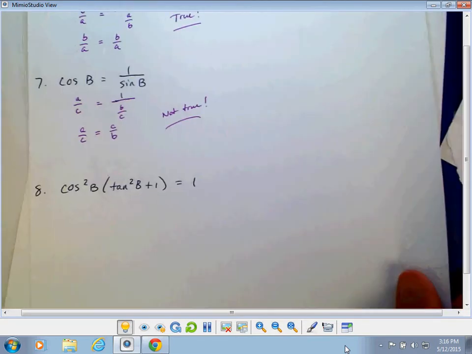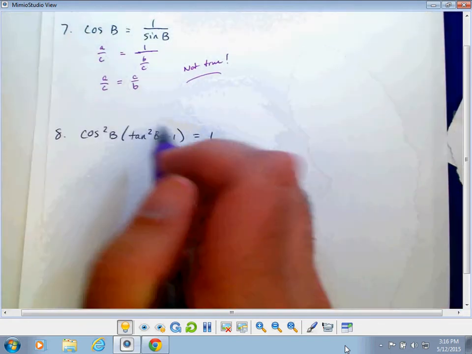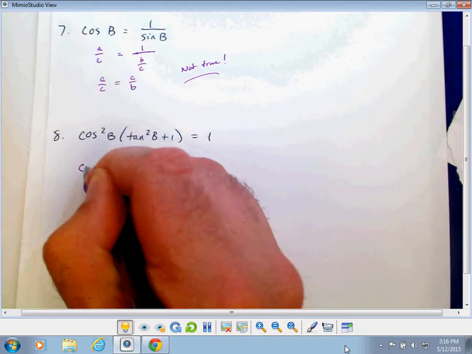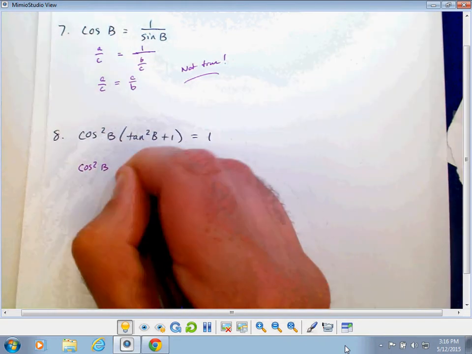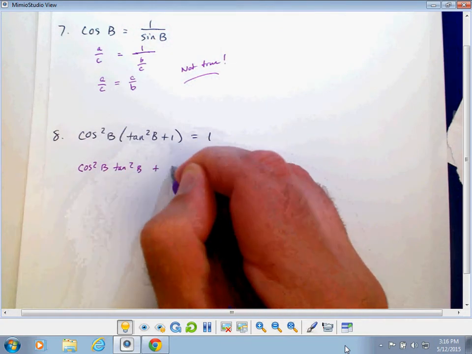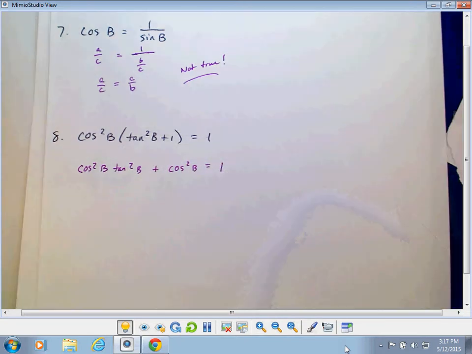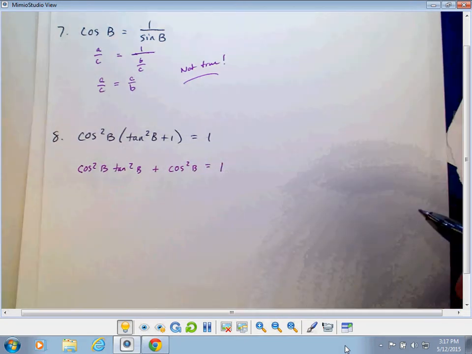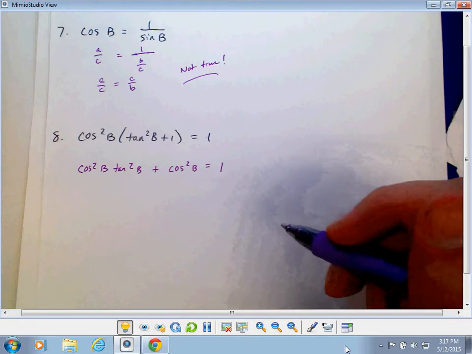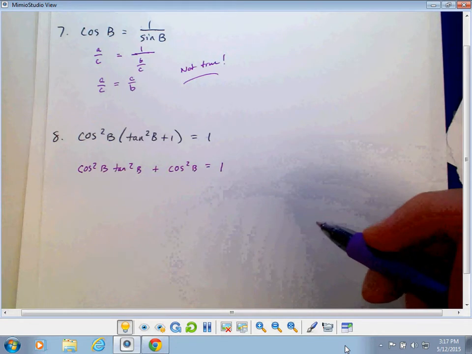My second favorite one compared to that other number 4. Okay, here goes number 8. First thing I would do is actually multiply these things together. This is cosine squared B tangent squared B plus cosine squared B. It's supposed to equal 1. It's kind of too complex to think that it could be true, but at the same time you figure it probably is true because of some quirky trig thing.